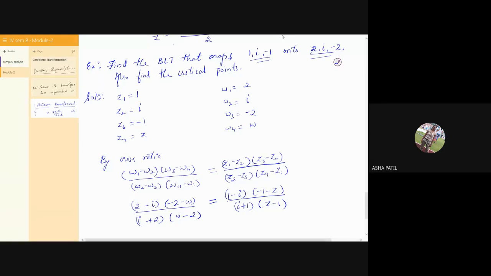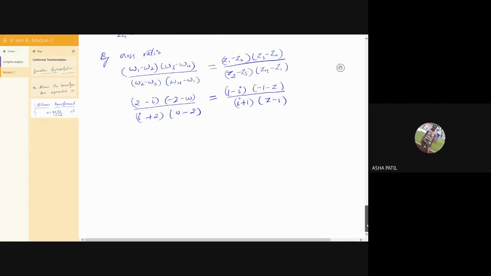So what will be the simplification? Any term cancels, sir? No? It is 2 minus i. I take minus outside. W plus 2, 2 plus i. Here it is W minus 2. 1 minus i.